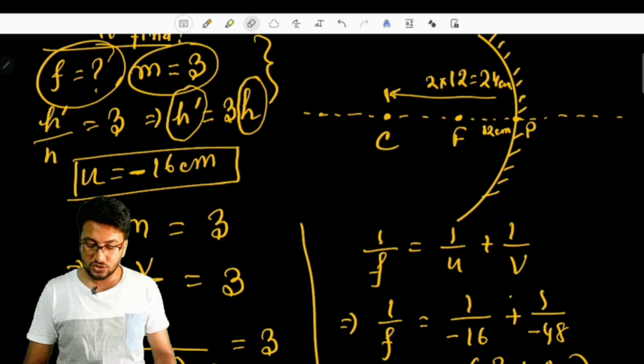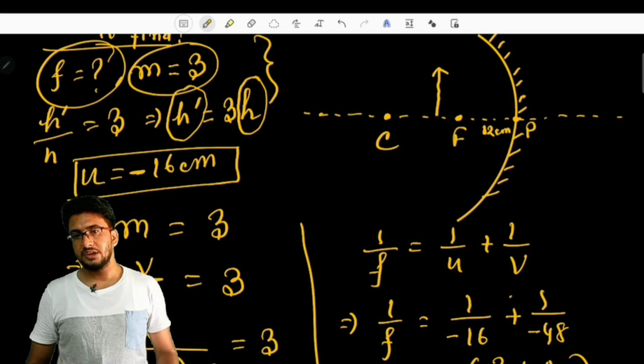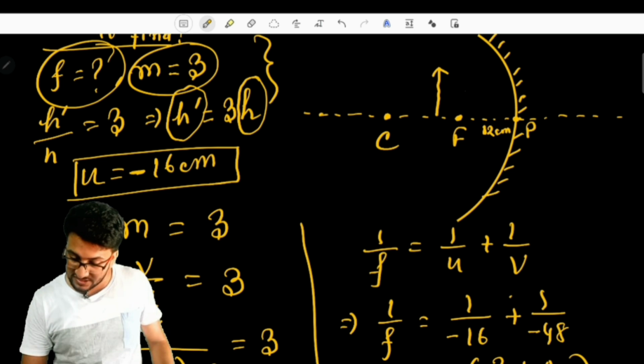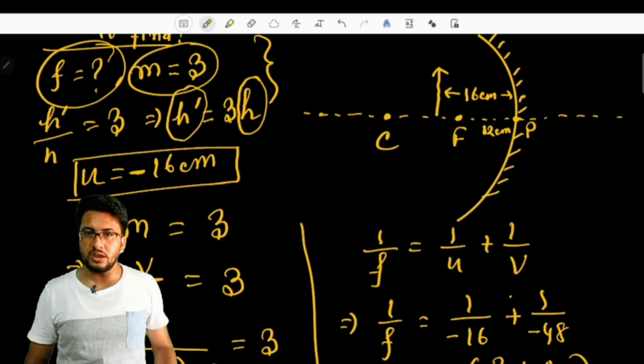So where will the object be placed in this case? The object is kept here because this distance we can say is 16 centimeter. I am not considering the sign conventions here while drawing the ray diagram.